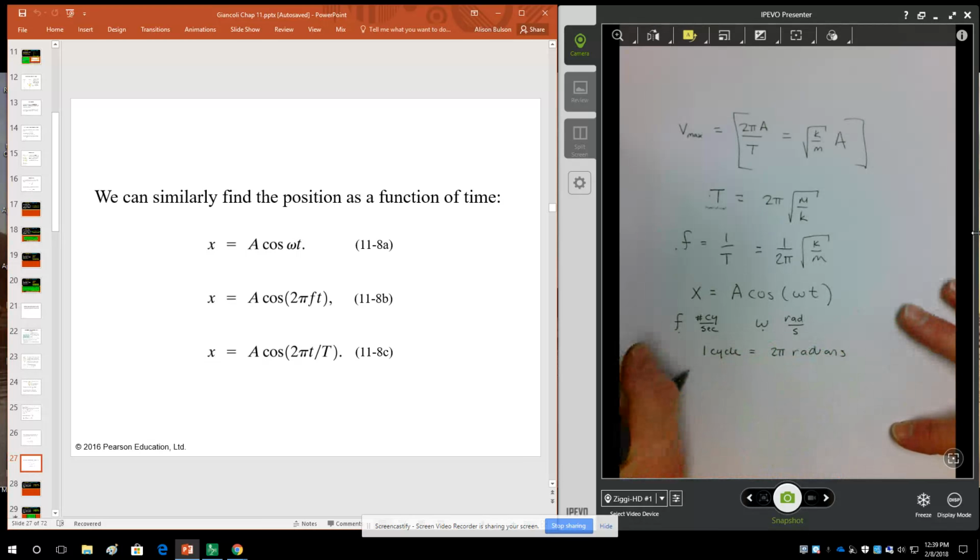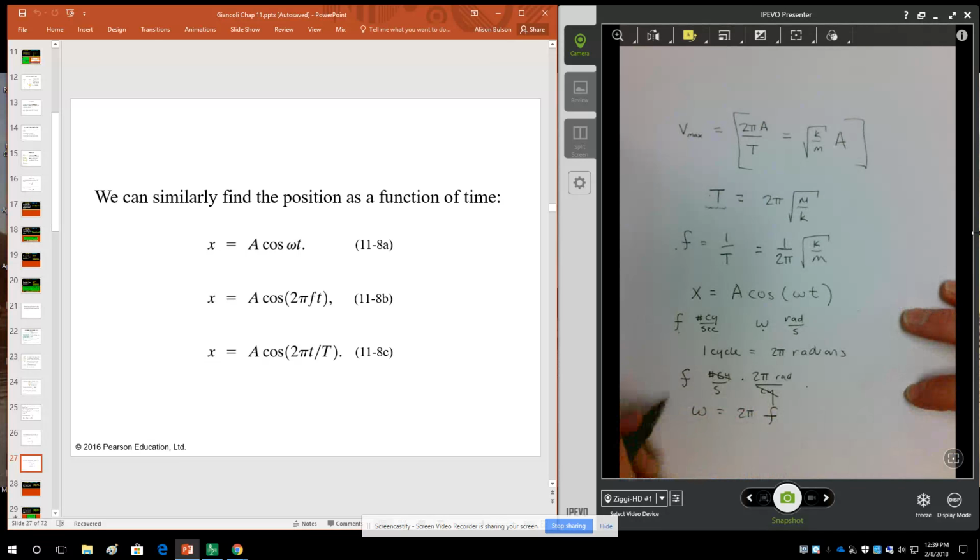So if I have frequency in cycles per second and I want angular frequency, I need to multiply by 2 pi radians per cycle. So angular frequency omega is equal to 2 pi times frequency in hertz.